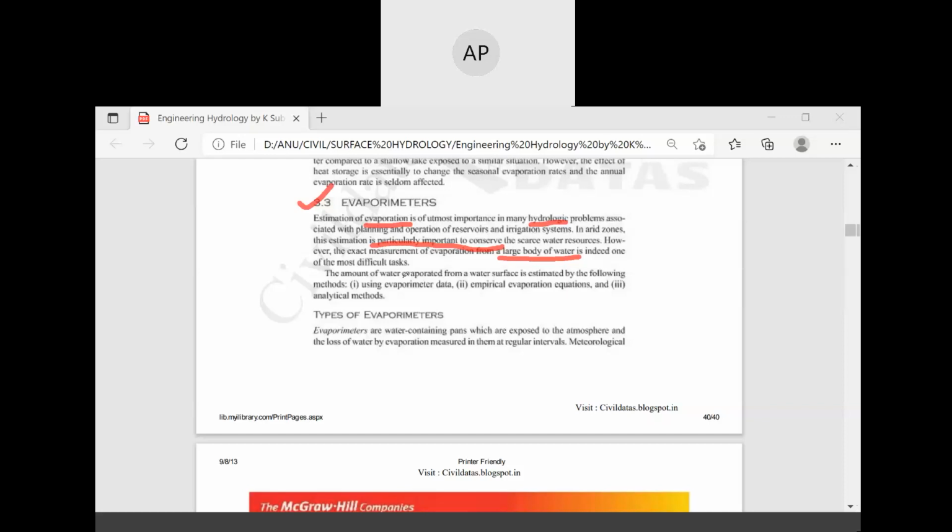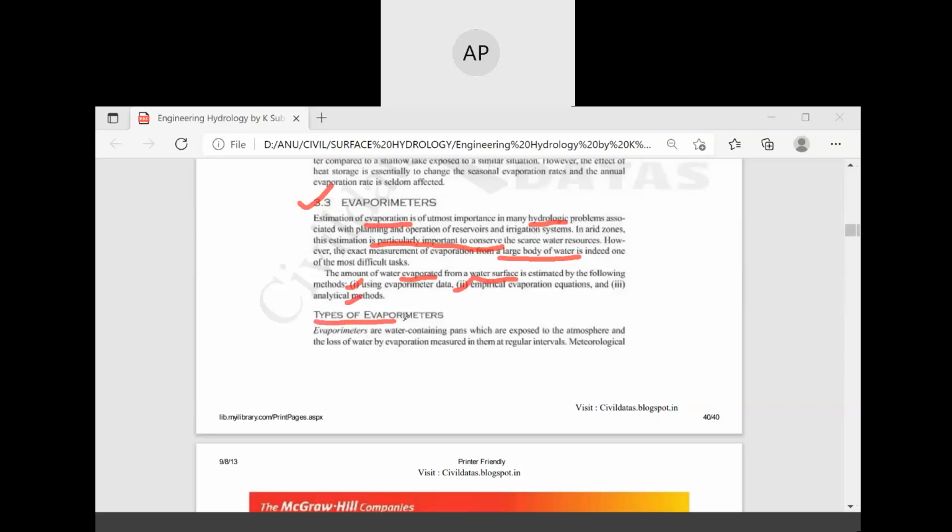The amount of water evaporated from a water surface is estimated by the following methods: using evaporimeter data, empirical evaporation equations, and analytical methods.